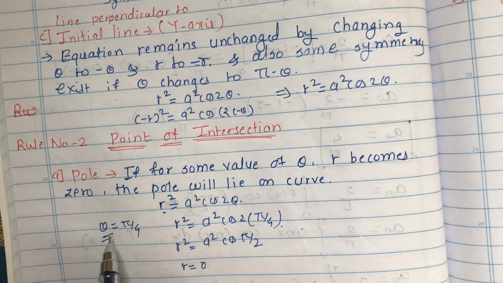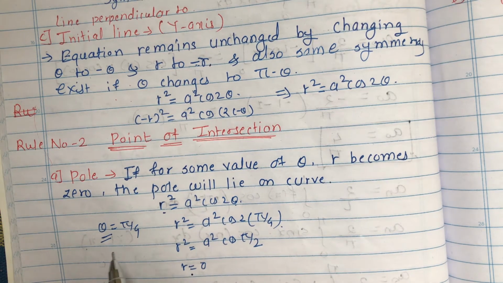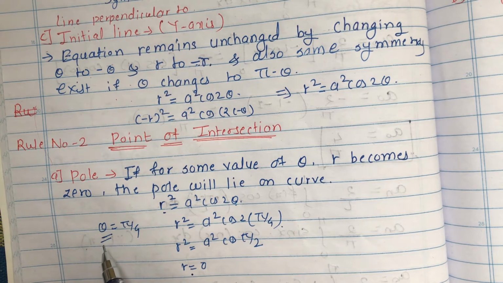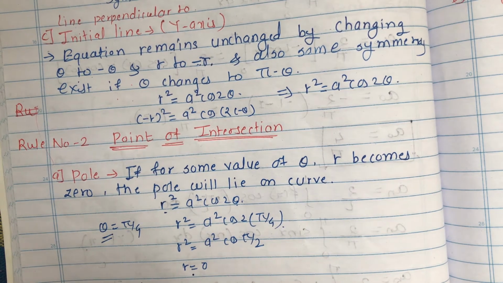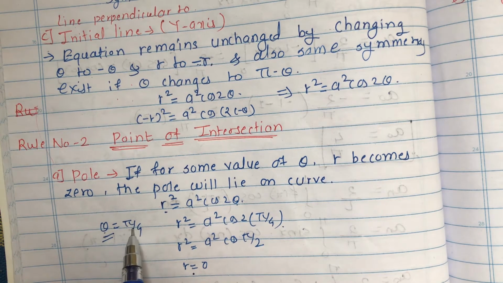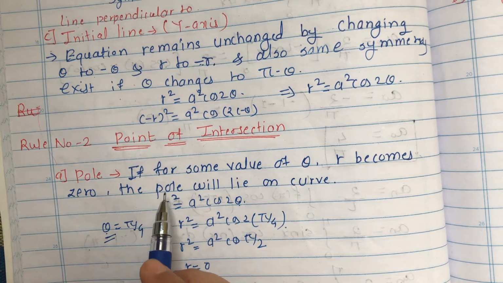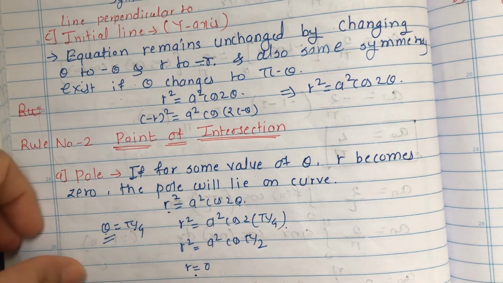I am getting theta is equal to pi by 4 for which r is equal to 0. So for theta is equal to pi by 4, r is equal to 0, and the curve passes through the pole.